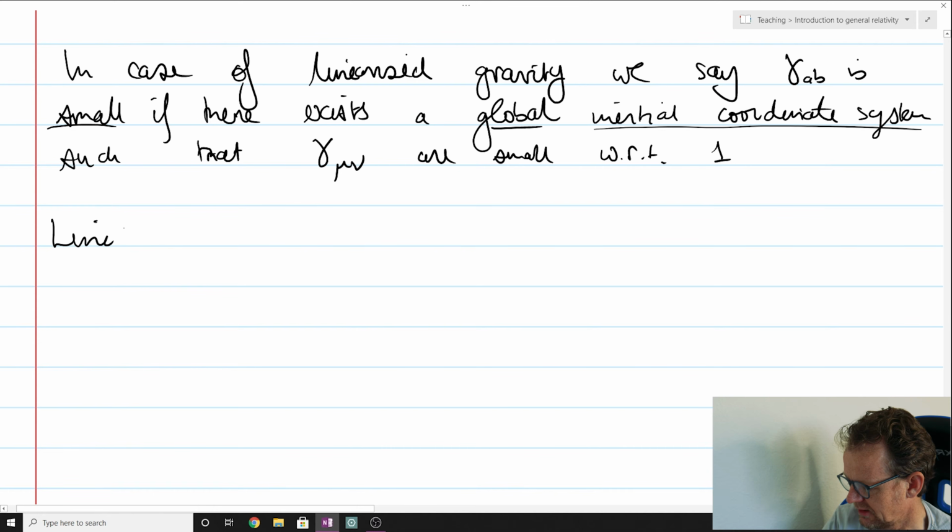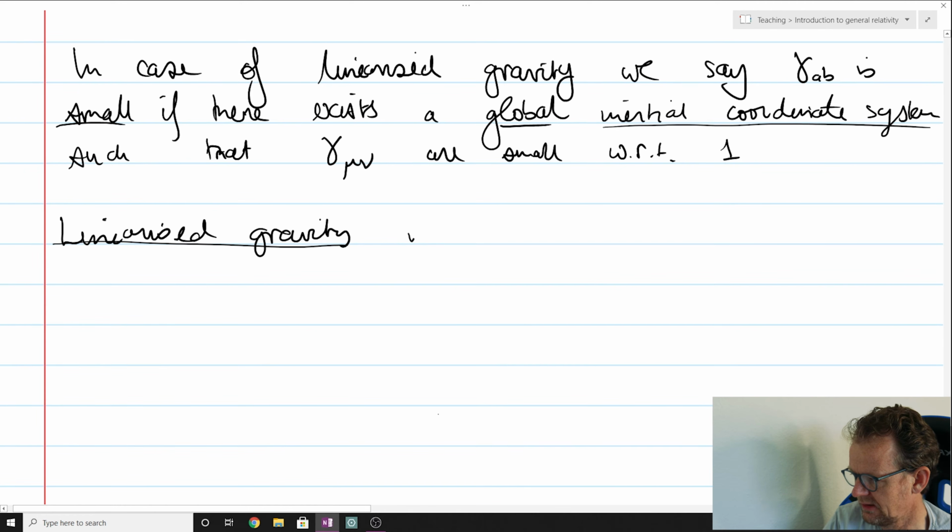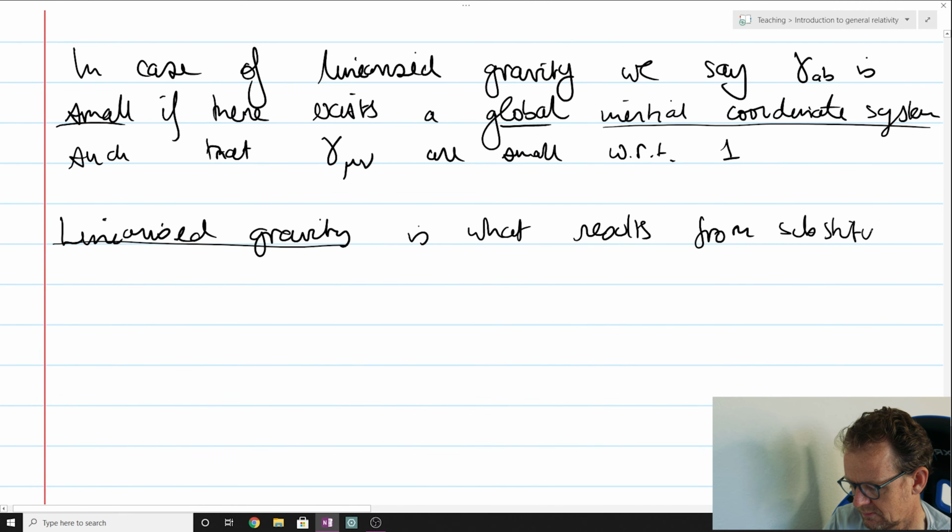And now we can say a little bit better what we mean by linearized gravity. What is it? Well, it's what results from substituting GAB, let's say still, right?